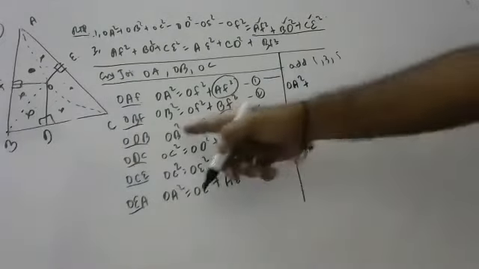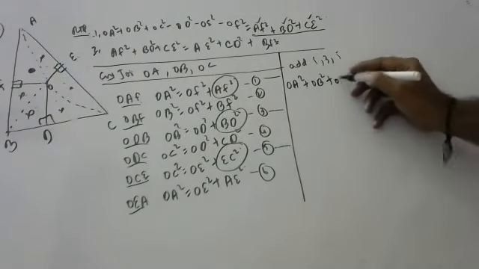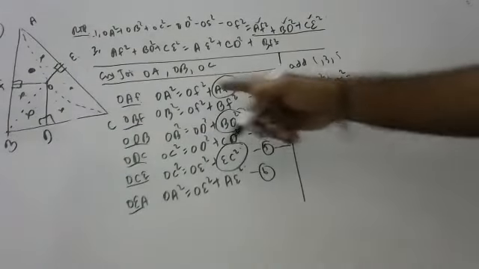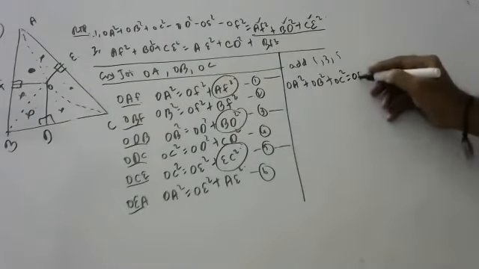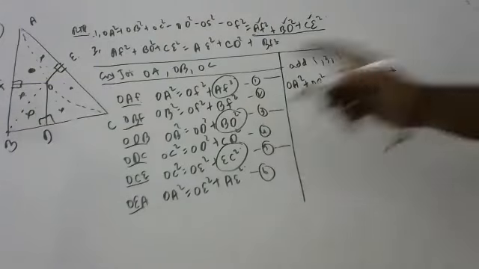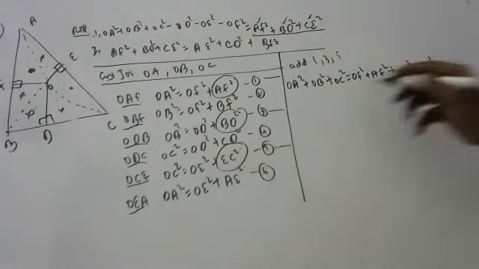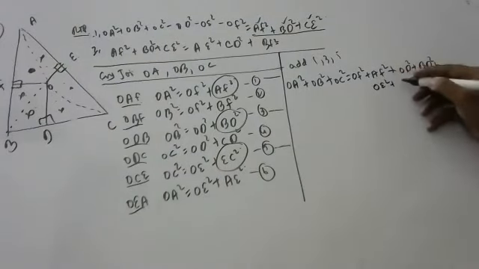OA square plus OB square plus OC square is equal to, what is the first one? OF square plus AF square, plus, what is this one, children? OD square plus BD square, plus, what is the third one? OE square plus EC square.